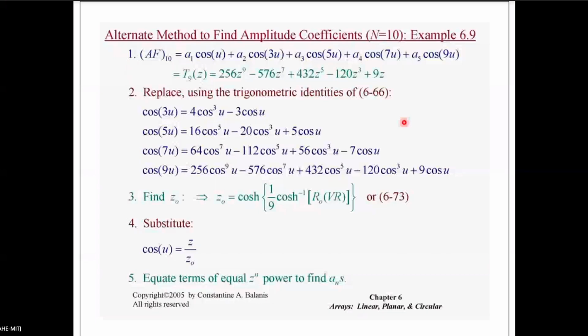Second step: expand the array factor. Replace each cos mu function by its appropriate series expansion.